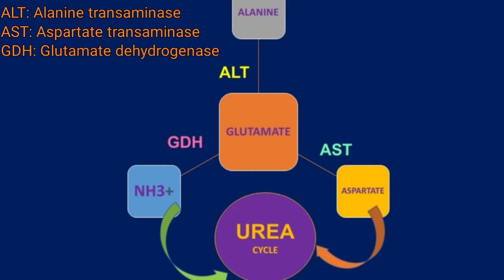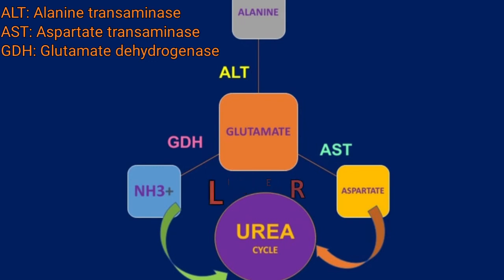So what's the point of all these three enzymes and this metabolism? The point really is to try to remove the nitrogens from amino acids. As we just said with glutamate dehydrogenase, you're producing ammonia. That ammonia is not good if it lingers in the cells. So hence the importance of the urea cycle.